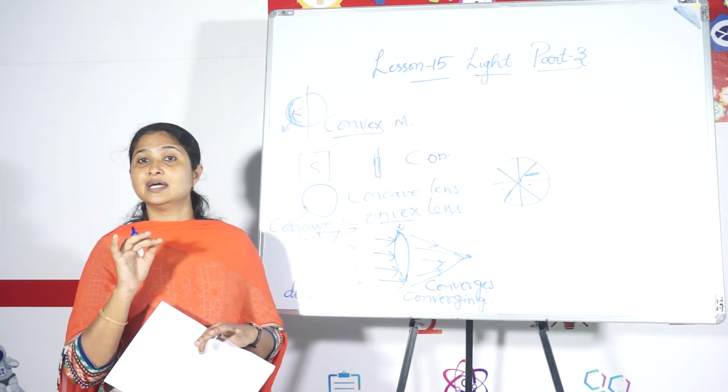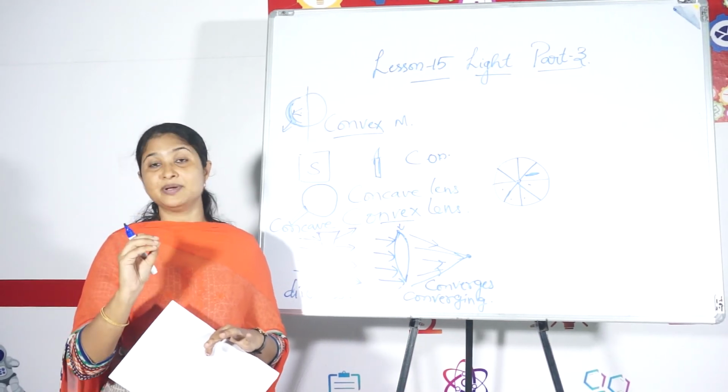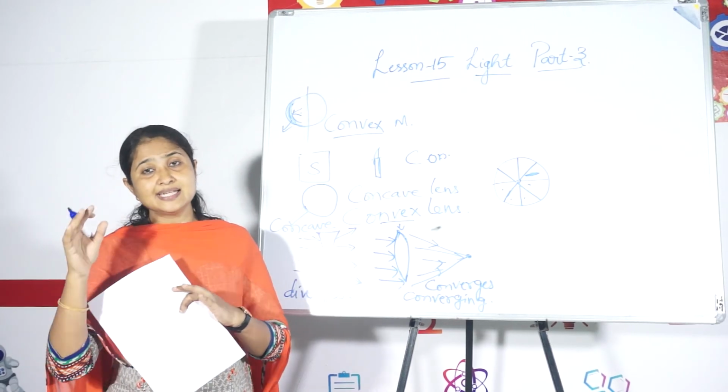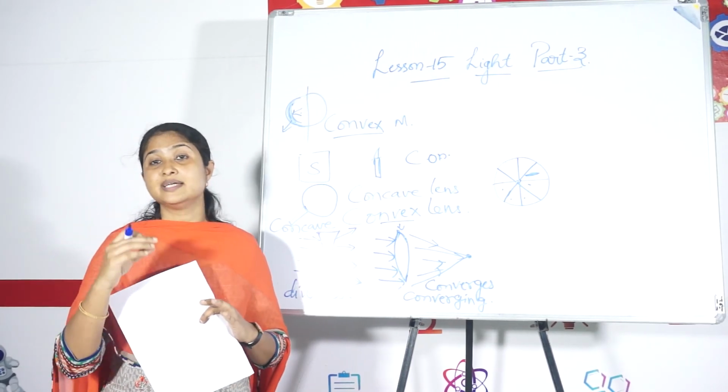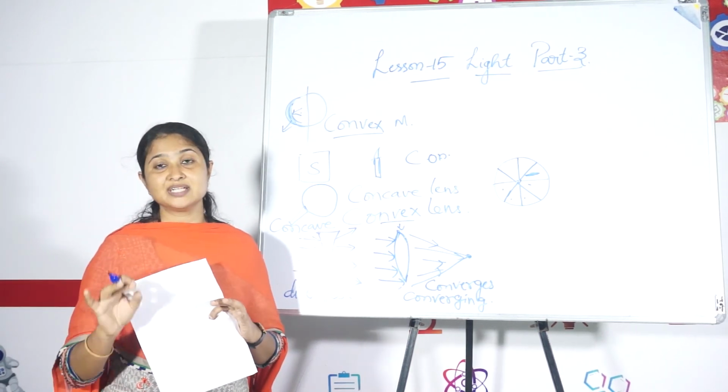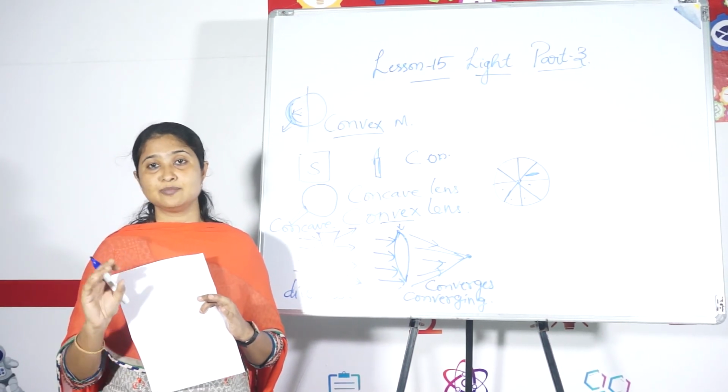So that is why we say the light is white, but the white light is made up of 7 colors, the rainbow colors.